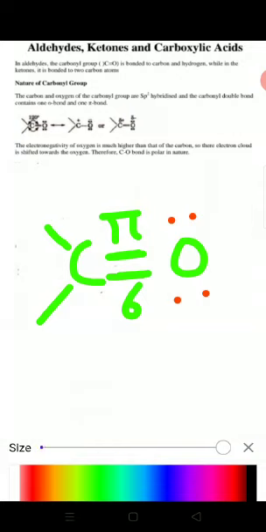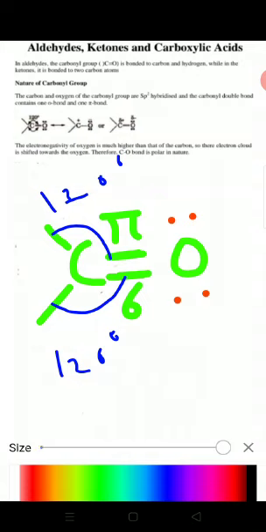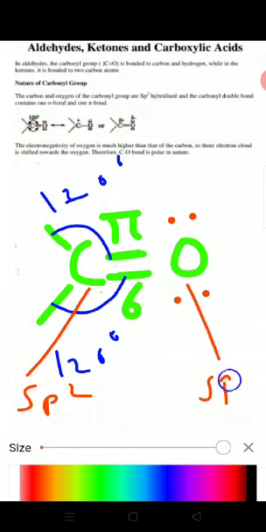The bond angle is 120 degrees, and this also is 120 degrees. And students, see here carefully, both the carbon and oxygen are sp2 hybridized.